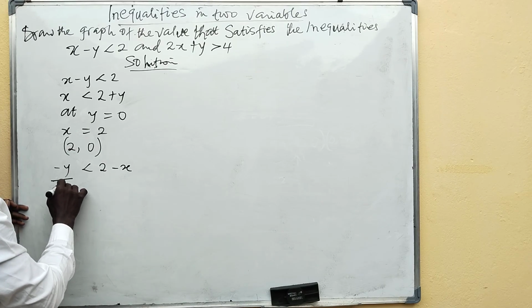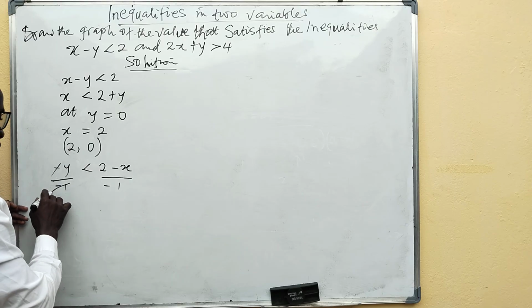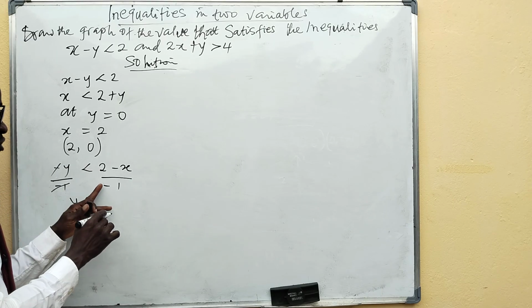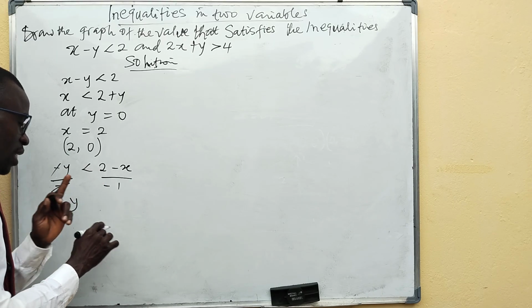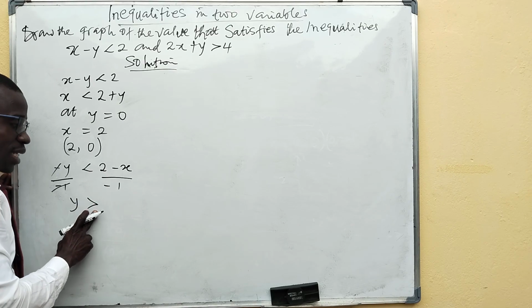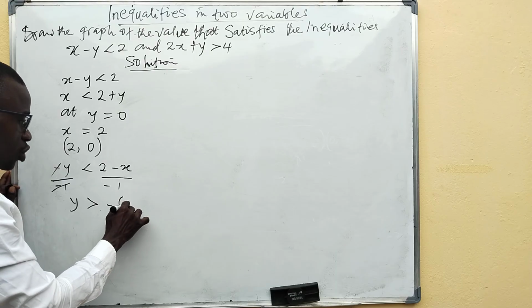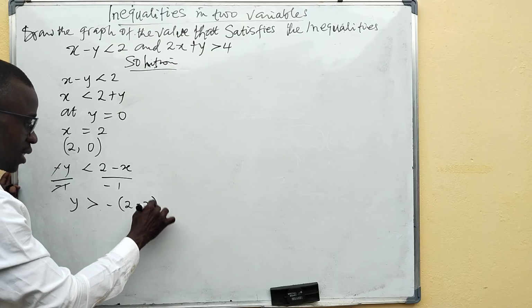We divide both sides by minus 1. This minus cancels this minus, and when you divide both sides by a negative, the less than sign turns to a greater than sign. Then this becomes minus open bracket 2 minus x.